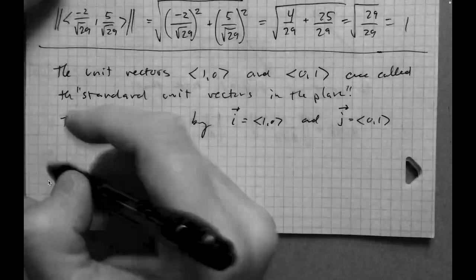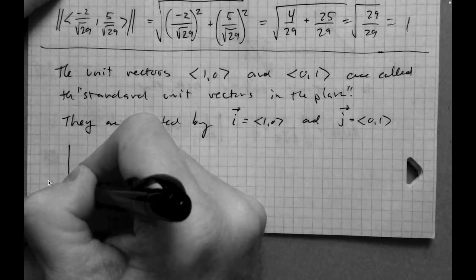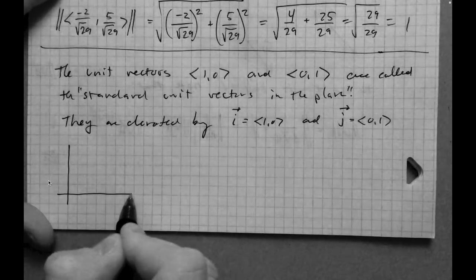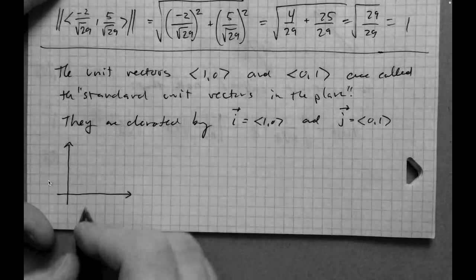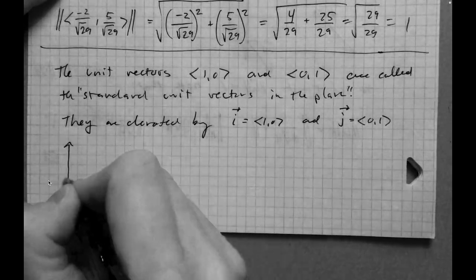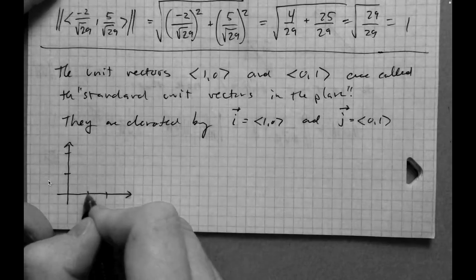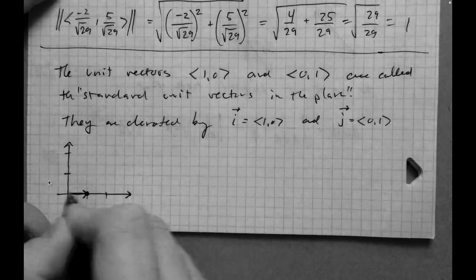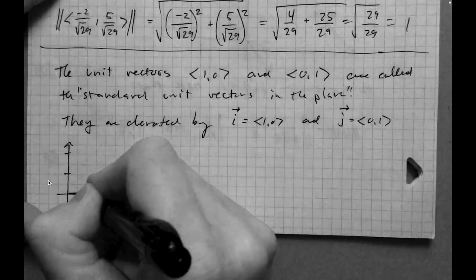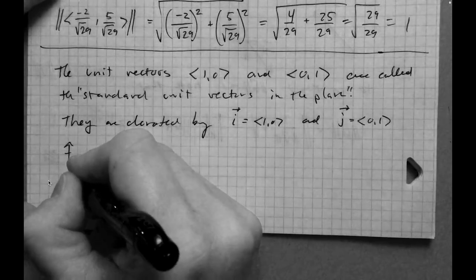So you can think of these as, here's my xy plane, and if this is 1, 2, 1, 2, then these vectors lie on the axes and have unit length.